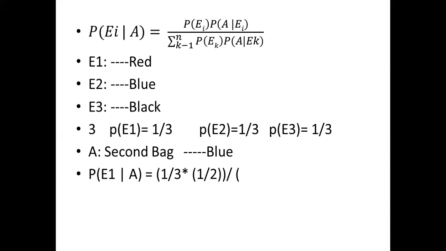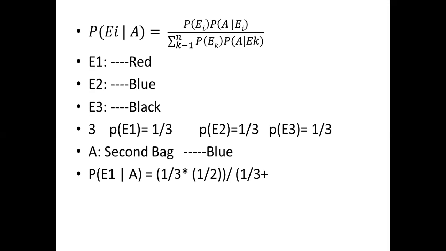Then the summation of all the terms, that is 1 by 3 plus. Right now, K we are considering as only one. That is, with respect to the first event only, we are checking the probability of the second bag to be blue.